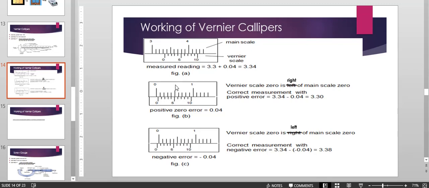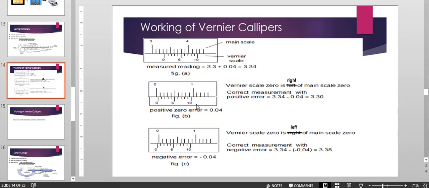After closing the jaws, we find out that the zero of the vernier scale is to the right of the main scale's 0, which is considered an error, and such type of error is known as a positive error, because it is an extra added value in the actual diameter reading of the object. So we'll subtract the measured value in order to get the accurate diameter value of the object.